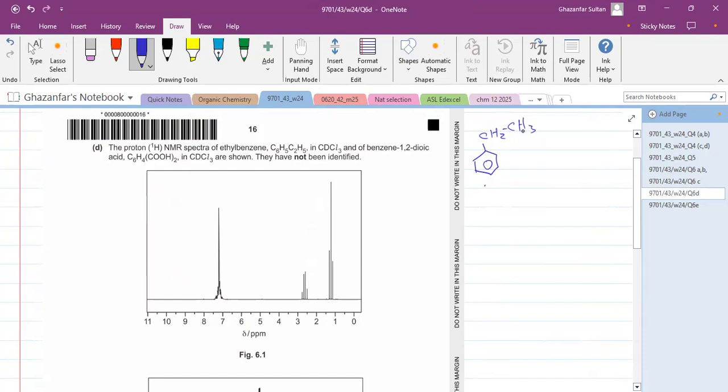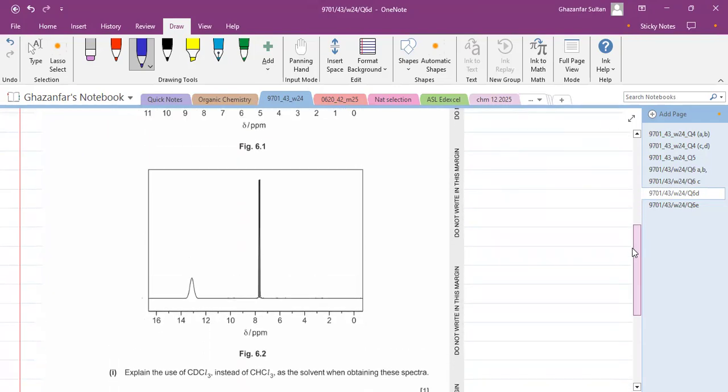So at low chemical shift, and it is a triplet, so most probably this is the signal of this methyl group, and CH2, because the neighbor has 3 hydrogen atoms, so it is split into a quartet. So there is a quartet. So this should be CH2, and this whole signal is merged together due to these 5 hydrogen atoms, 1, 2, 3, 4, 5.